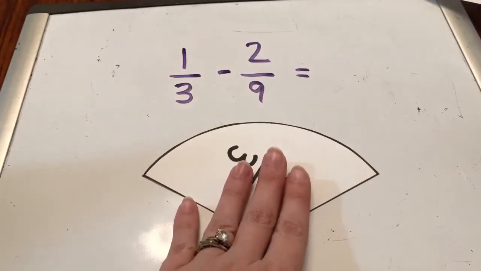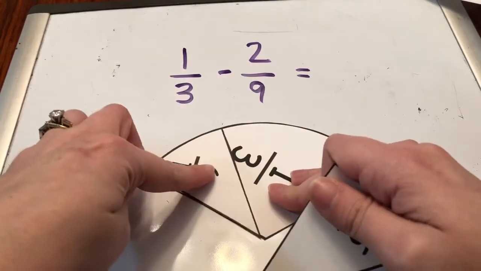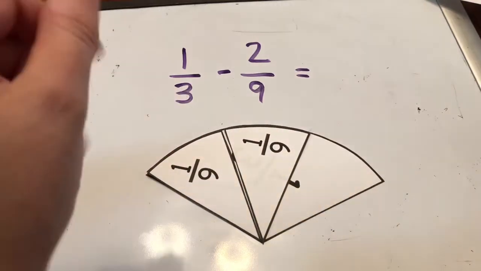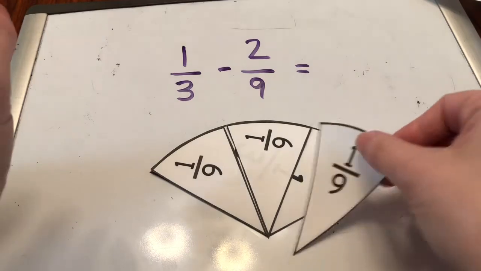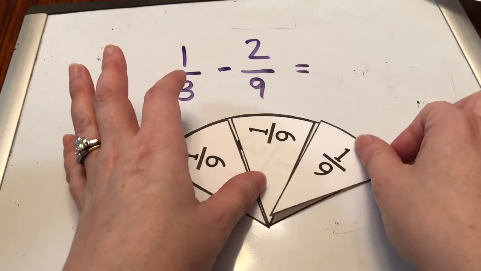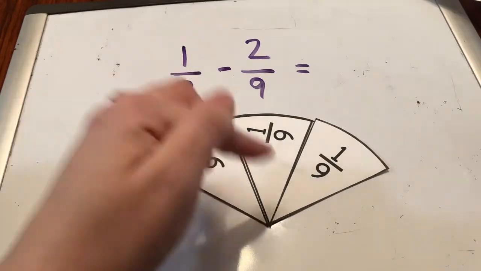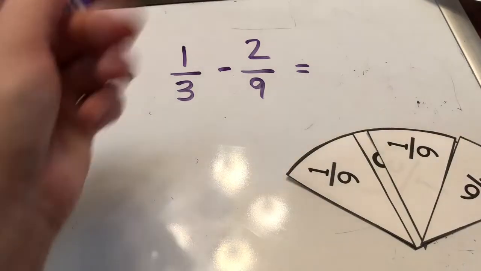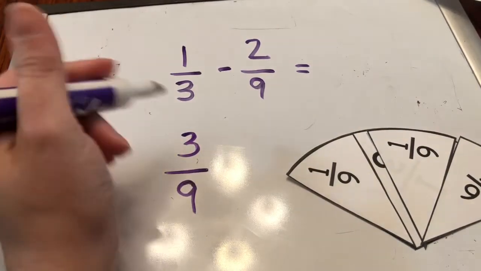So I'm going to have my third. I'm going to measure. So 1/3 is equivalent to 1, 2, 3 ninths. So 1/3 is the same as 3 ninths. I'm going to write that. So 1/3 is 3 ninths.